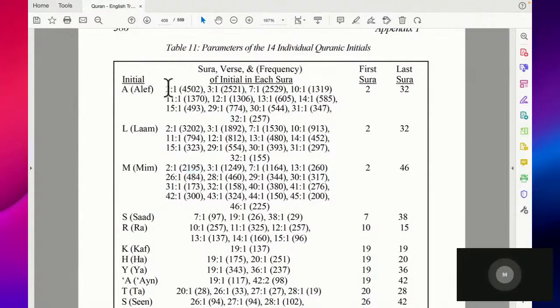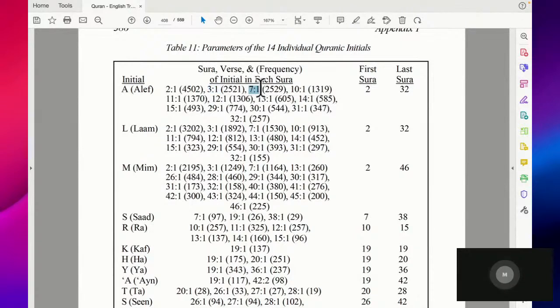Basically, the first number is the number of the surah. The second number is the first verse in the surah where that initial has occurred. Obviously it is verse 1 of 99% of the initial surahs, except for one surah that we will get to. For example, A has also occurred in Surah 3, verse 1, the first place that it has occurred.